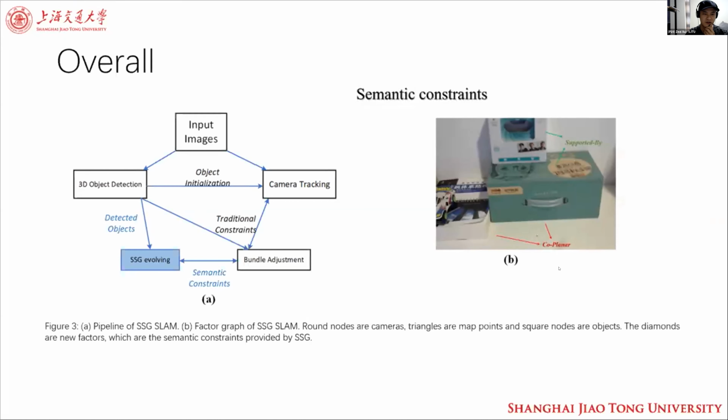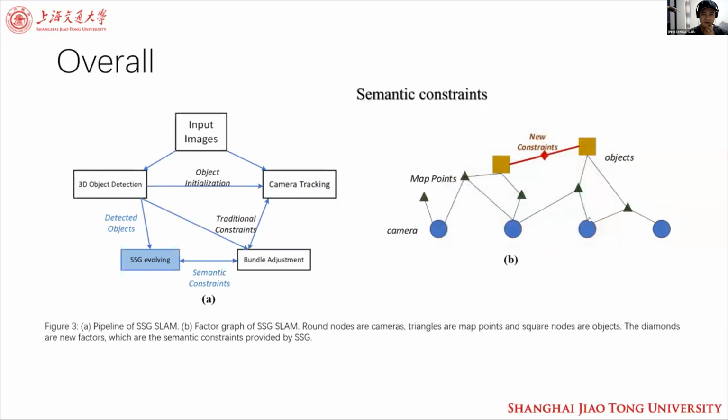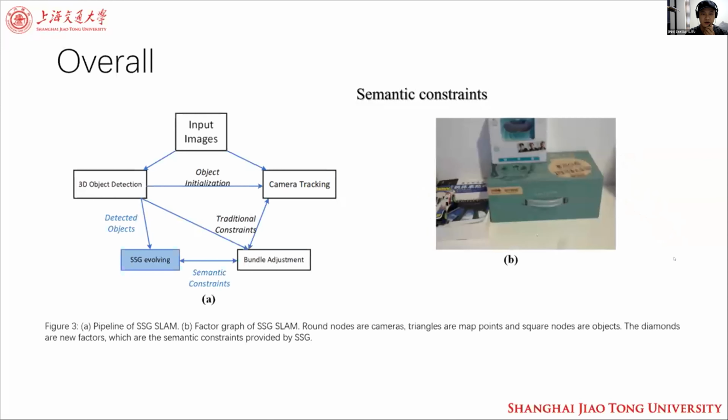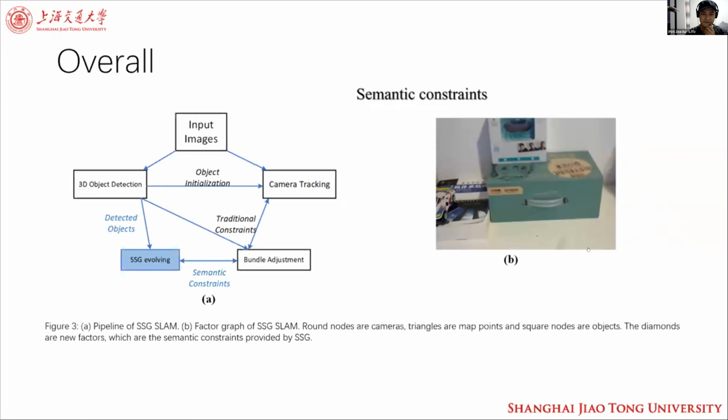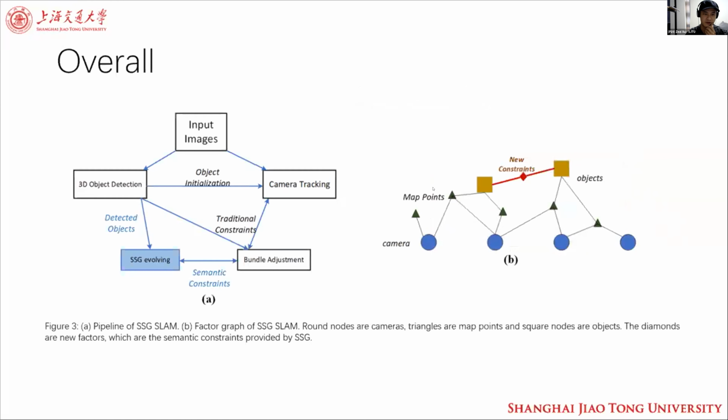As we can see in figure 3b, at the right of the screen, the factor graph shows exactly what we have done. The traditional object SLAM system groups the key points through the object labels and applies some geometry constraints, and that will lead to a better estimation of the key points.